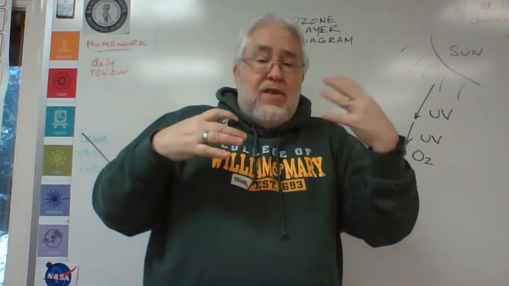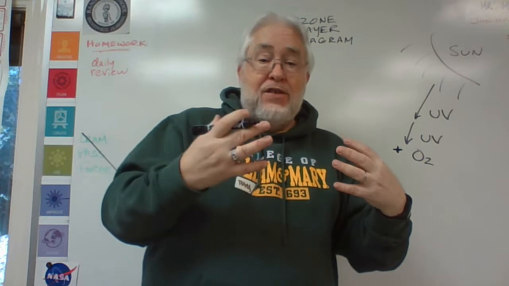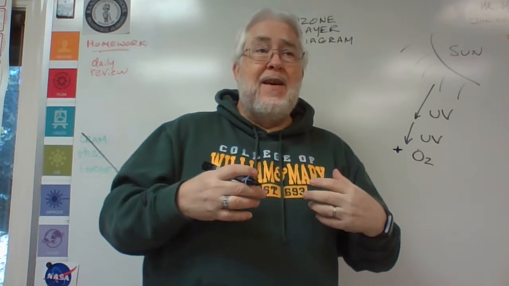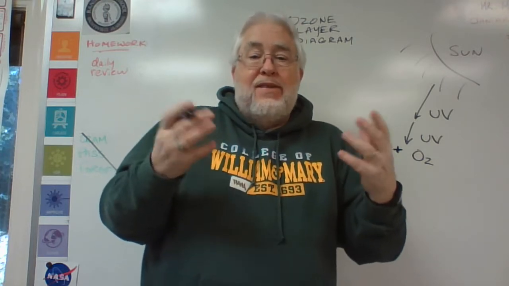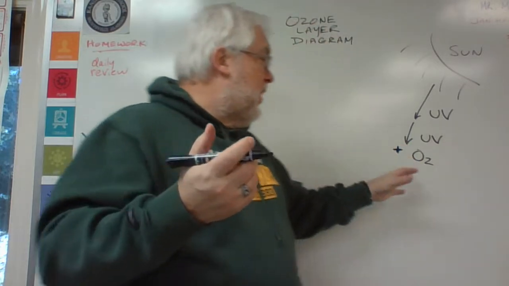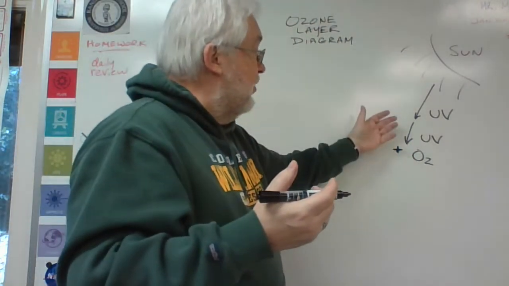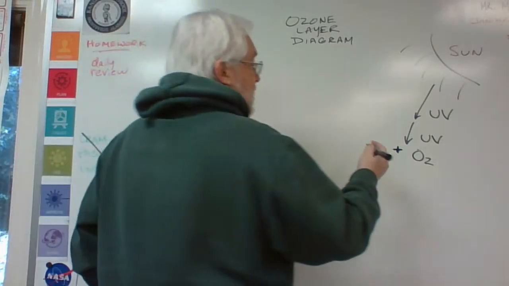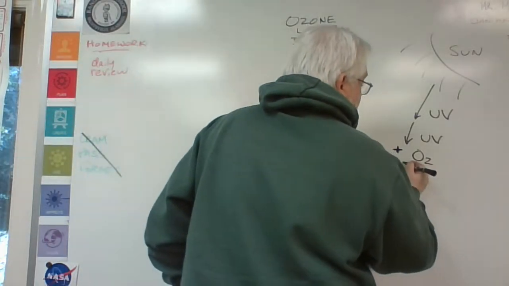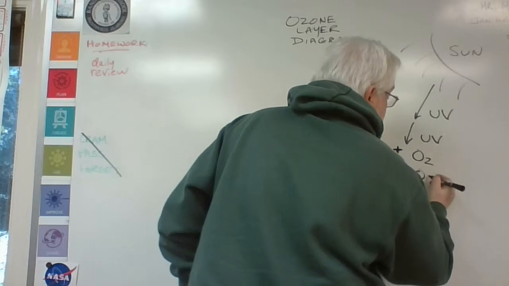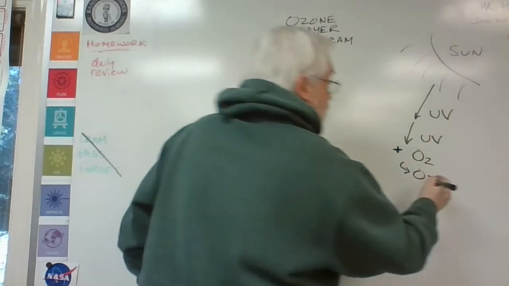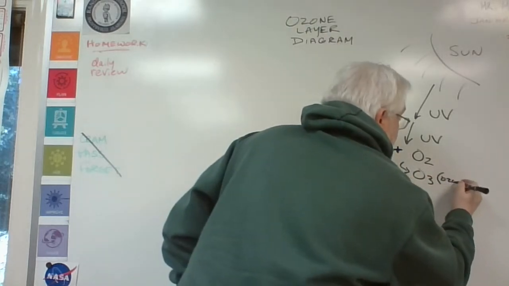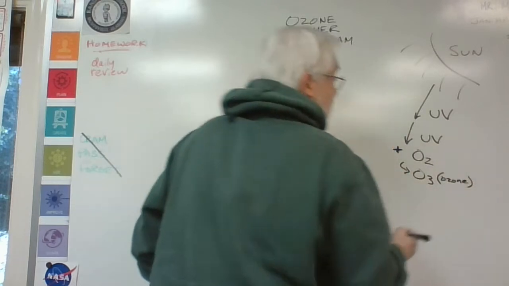And so there's nitrogen, 78%, oxygen, 21%, and then 1% of other gases, things like argon. So when ultraviolet comes from the sun and interacts with O2 in Earth's atmosphere, that leads to the production of O3, which is ozone. O3 is what we call ozone.